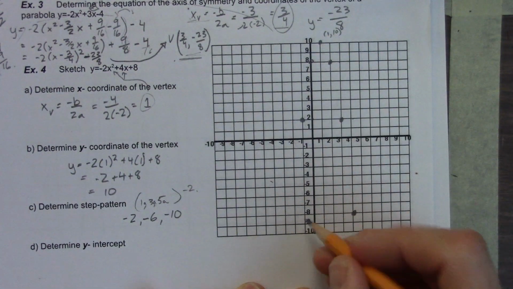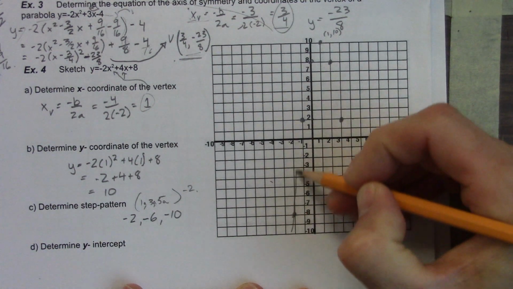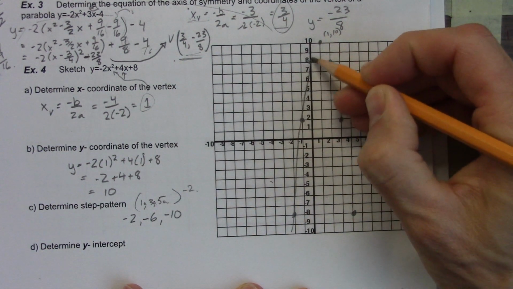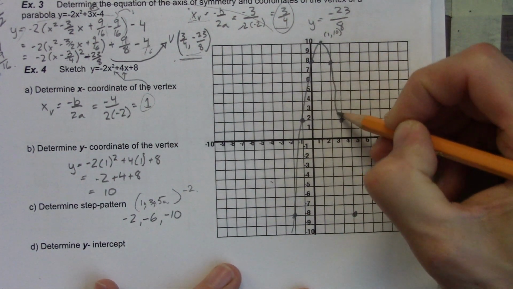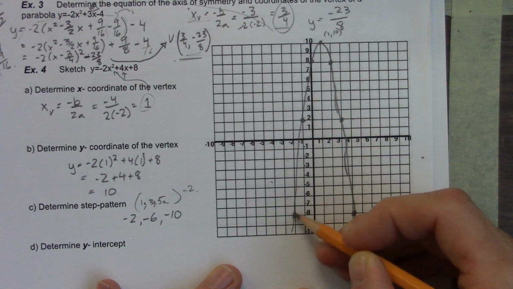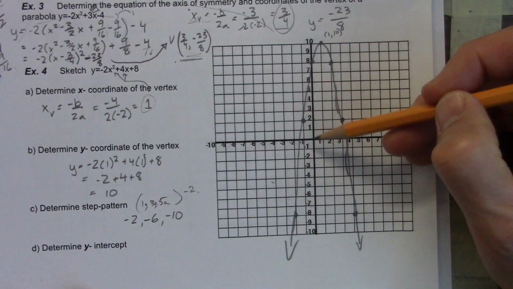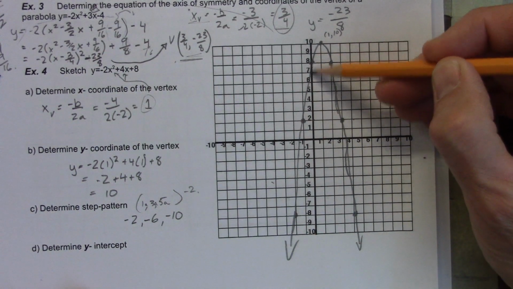We mirror those results and we get our parabola. It says determine the y-intercept. So that's the point where it crosses the y-axis.